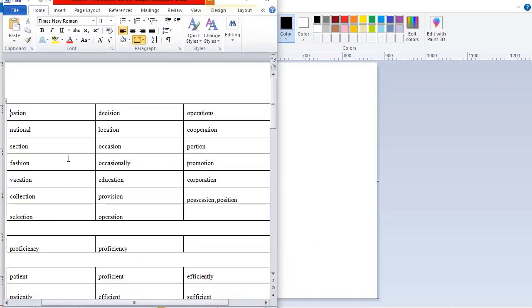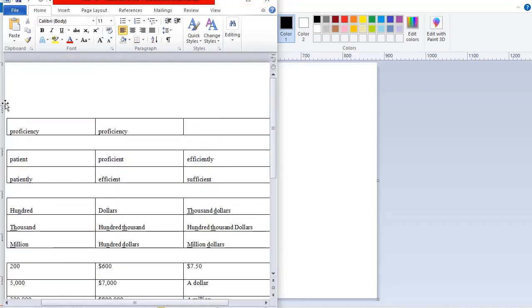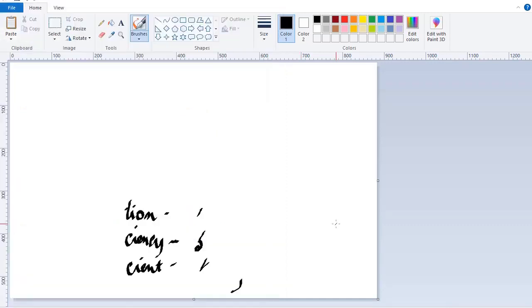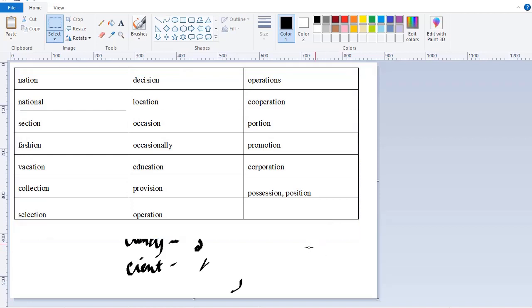First, let's have the words that have the Shon sound in it. Shon is represented by your SH. So, nation: we have nay, and then Shon.